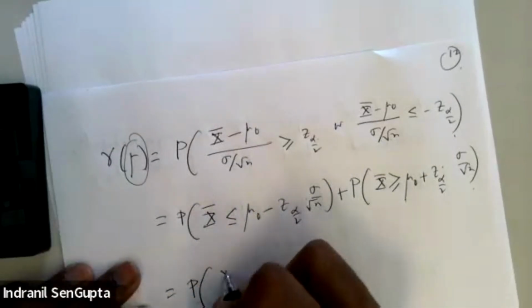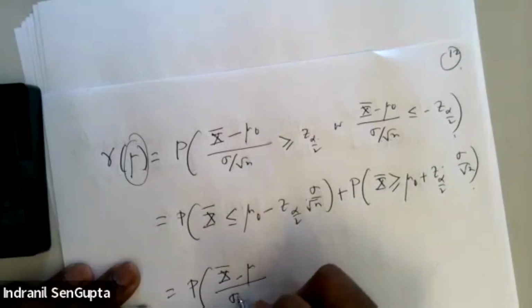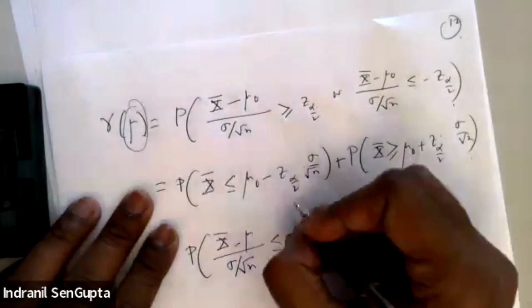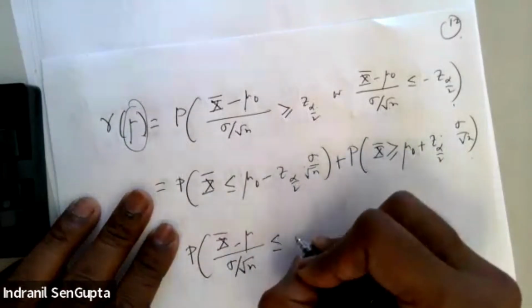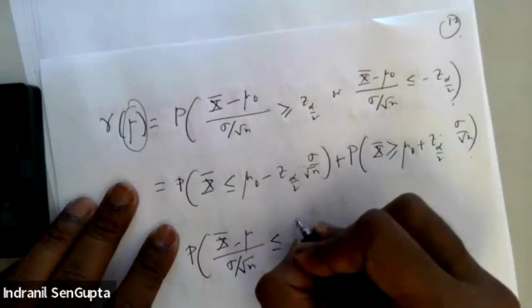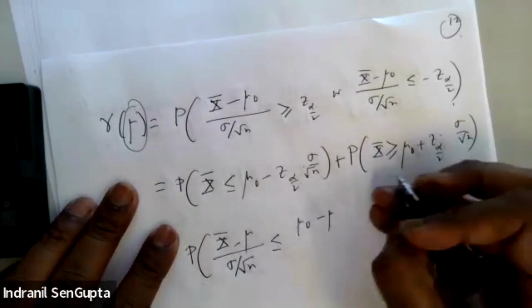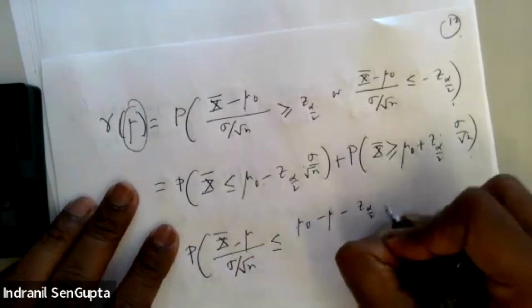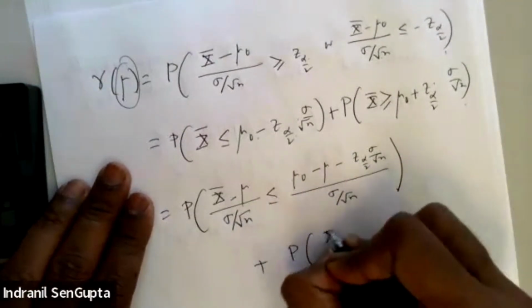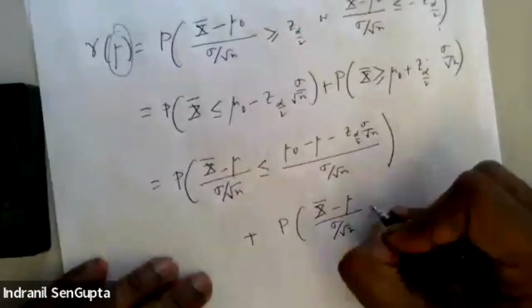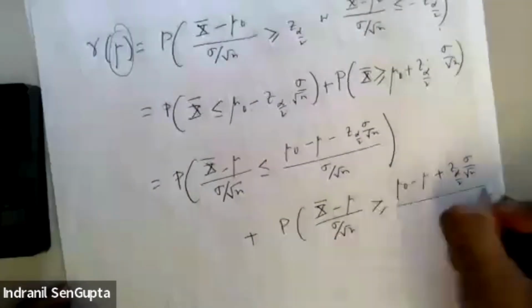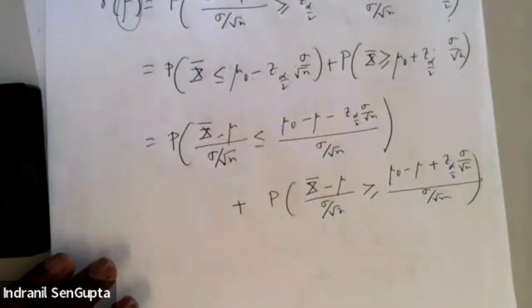So I can write the probability of (x bar minus mu) over sigma square root of n less than mu 0 minus mu minus z alpha over 2 sigma square root of n, plus the probability of (x bar minus mu) over sigma square root of n, where I'm subtracting mu and dividing by sigma square root of n.